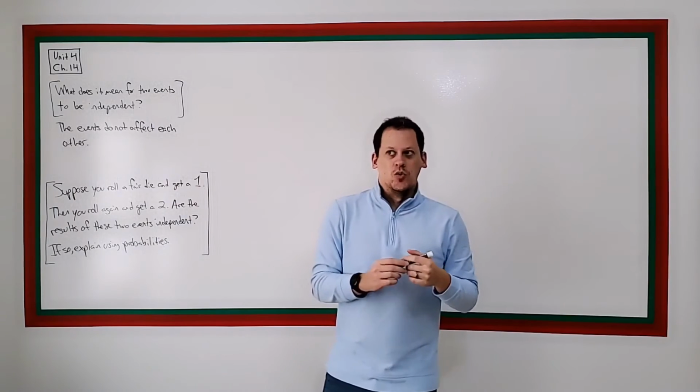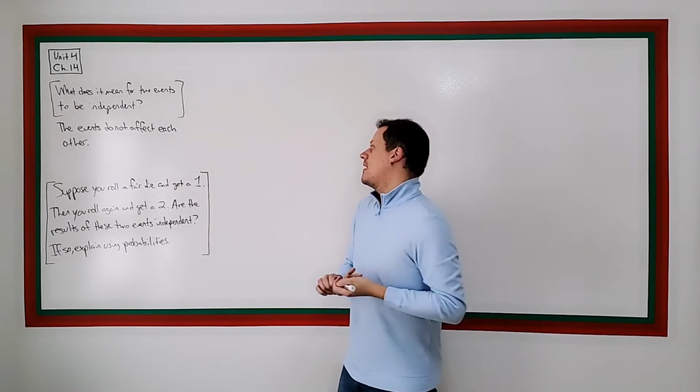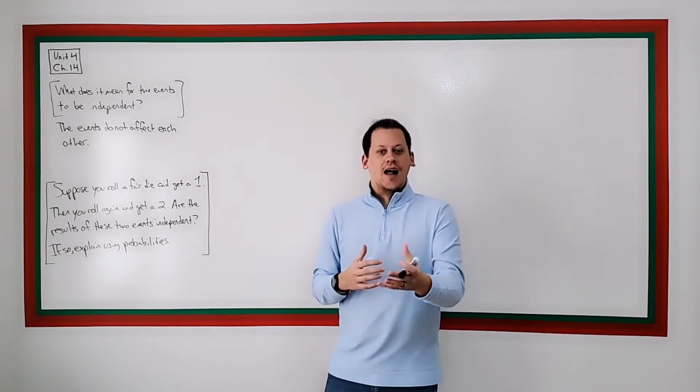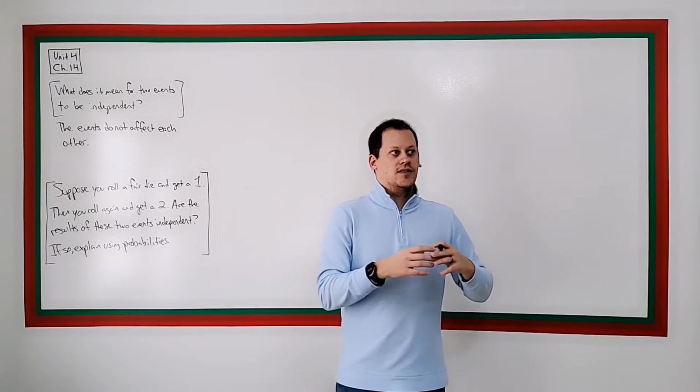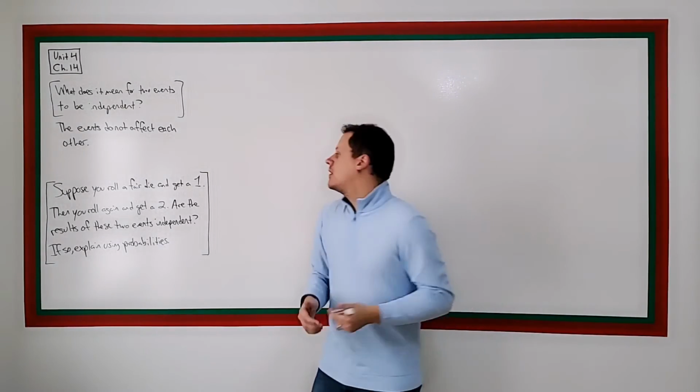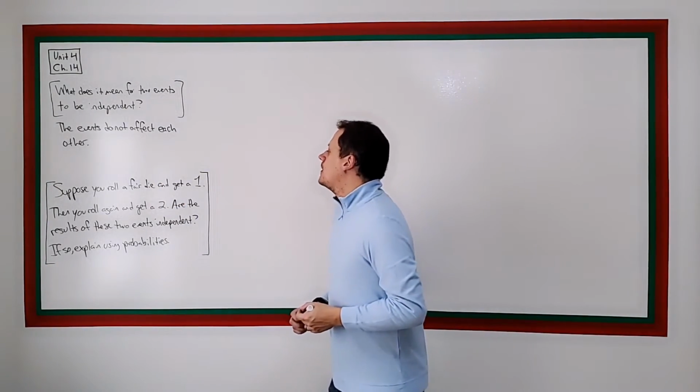And we could be a little more formal with our language there. We could say the occurrence of one event does not affect the occurrence of another event, for instance. Okay? But it's that general idea.